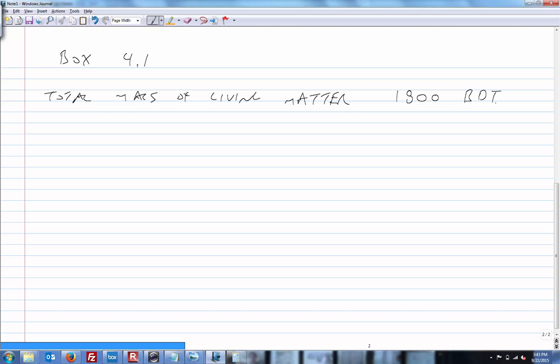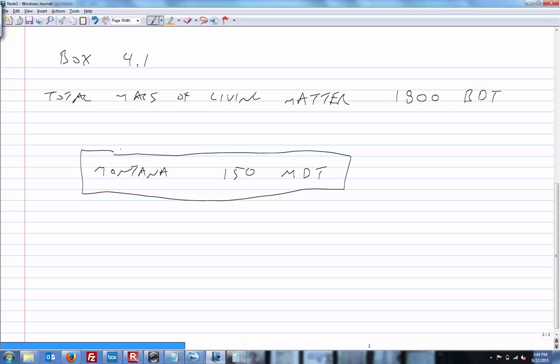I know for a fact that in Montana there are 150 million dry tons of timber standing right now from the beetle forest. So a lot of what I'll do is take this, and you can turn this directly into an energy conversion, and we'll do that a little bit later.